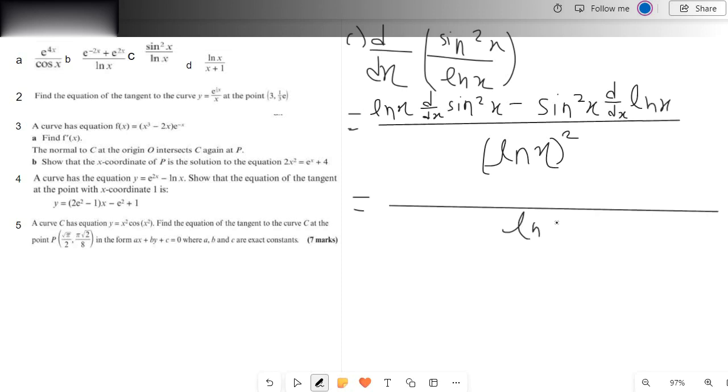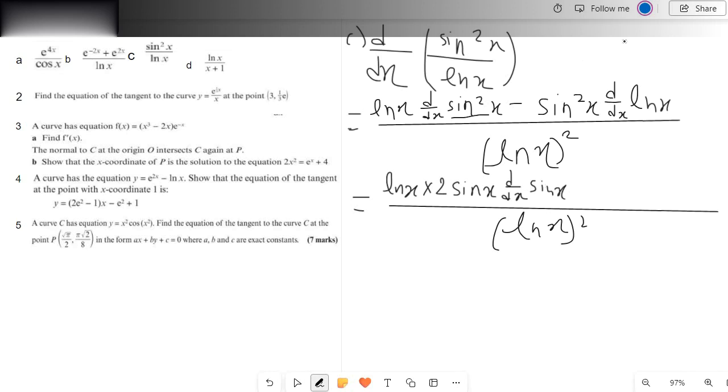So simplifying, we have ln x squared at the bottom again, and at the numerator we have ln x multiplied with the derivative of sine squared x, and using the chain rule we assume that this is a single function. So using the power rule first, we have 2 sine x multiplied with the derivative of sine x.